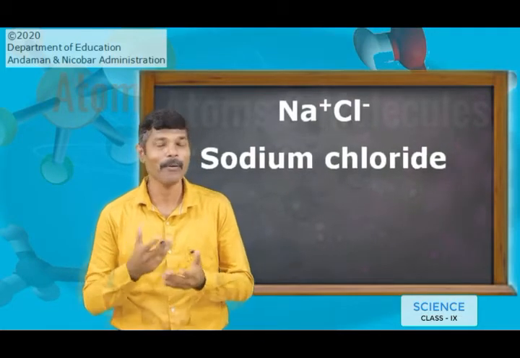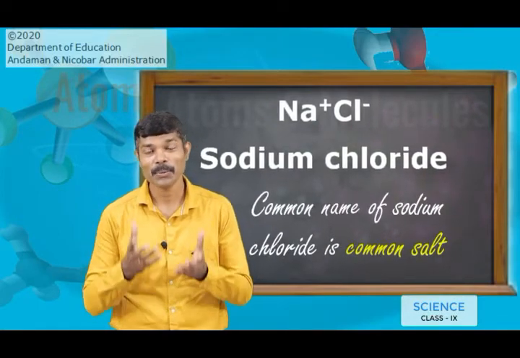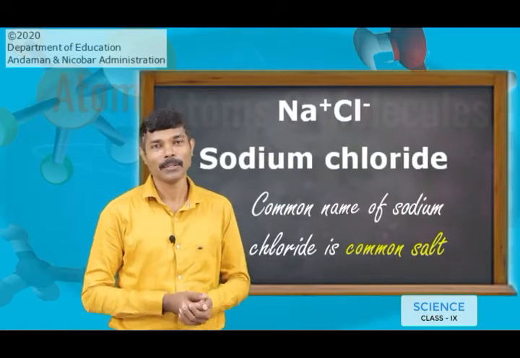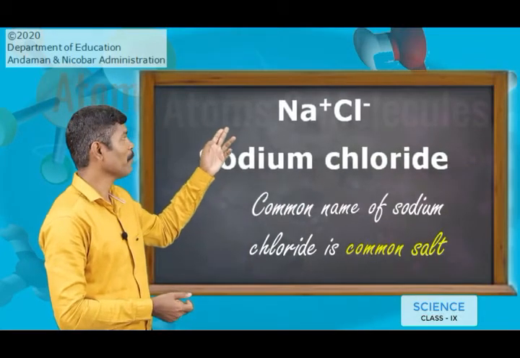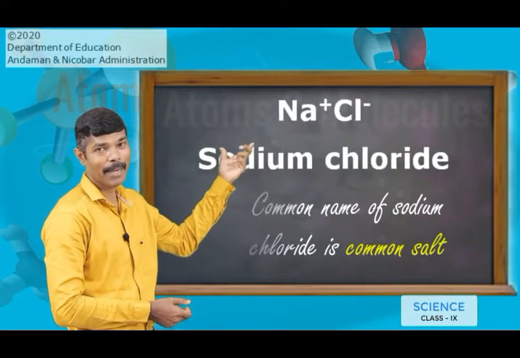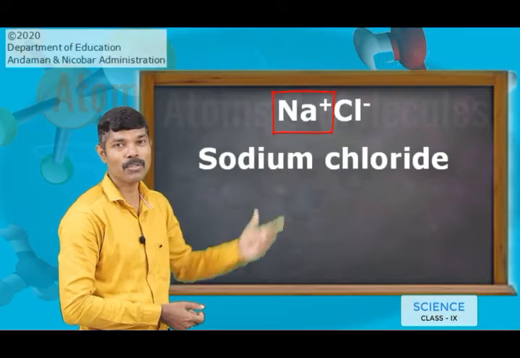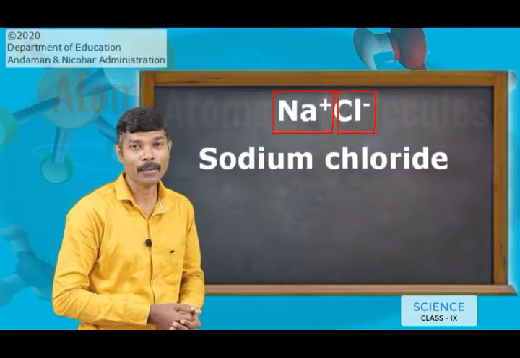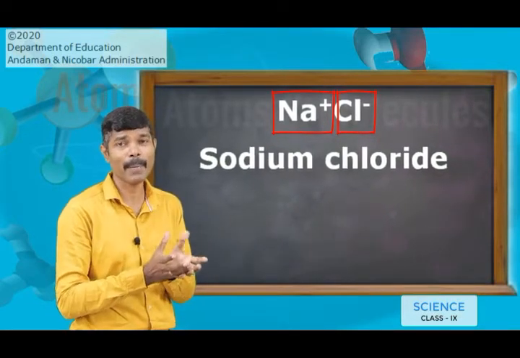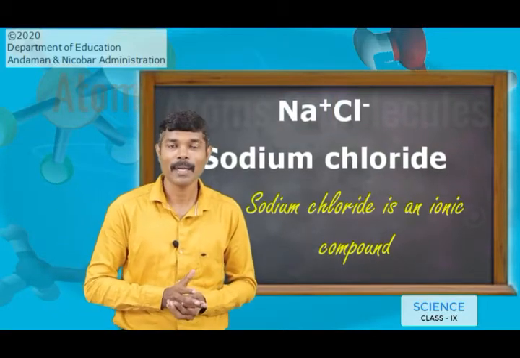The common salt which we use in our home is sodium chloride. The formula of sodium chloride is Na plus and Cl minus. Here sodium is in ionic form and chlorine is also an ion. So these ions make up a compound, and the compound is called an ionic compound.